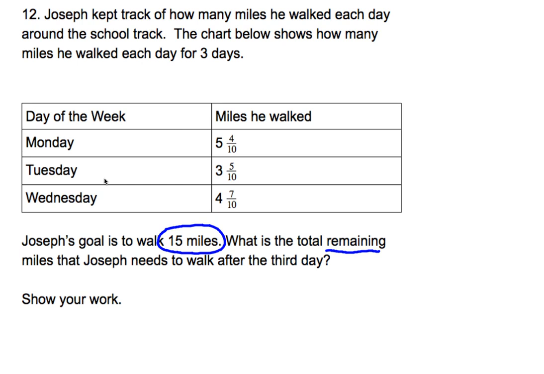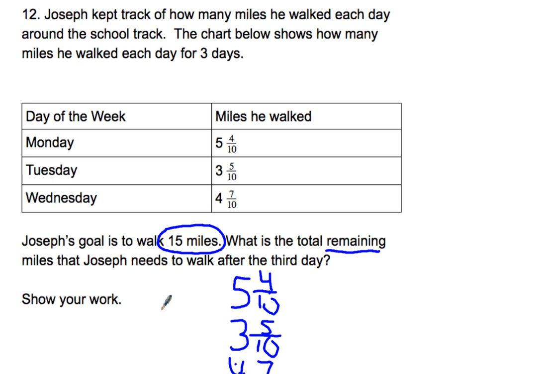So my step 1 would be to add the 3 days worth that he walked, right? And that would be adding 5 and 4/10 with 3 and 5/10 with 4 and 7/10.